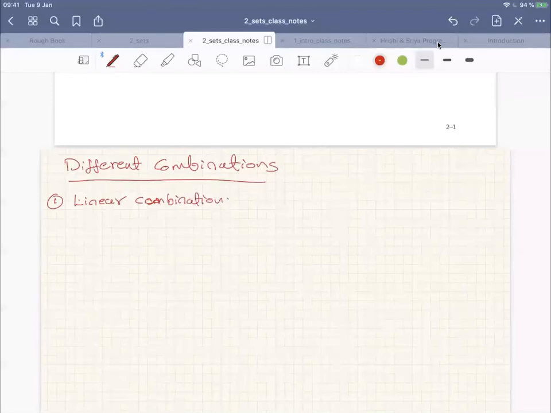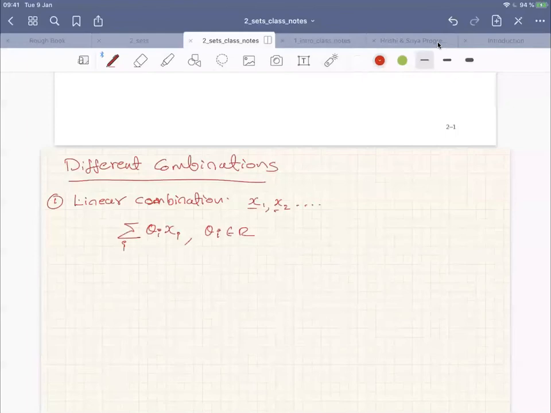Let's say we have different points, vectors x1, x2, like that. A linear combination is a weighted sum of the xi's, such that theta i is a real number.